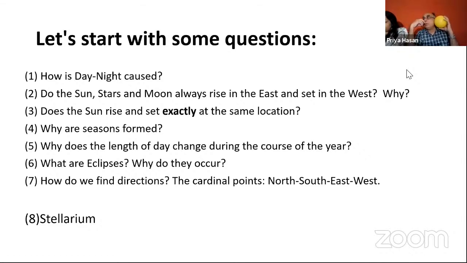They both appear to be of the same size. How much is it? Half a degree. The angular diameter of the full moon and the sun, as we see them, look exactly the same.